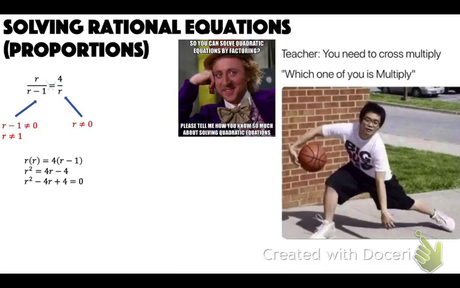So this is going to be r squared minus 4r plus 4 equals 0. So what multiplies to be 4 and adds to -4? -2 and -2. So that's r minus 2, r minus 2, which you could write as r minus 2 squared. So set that equal to 0, and you get r equals 2.